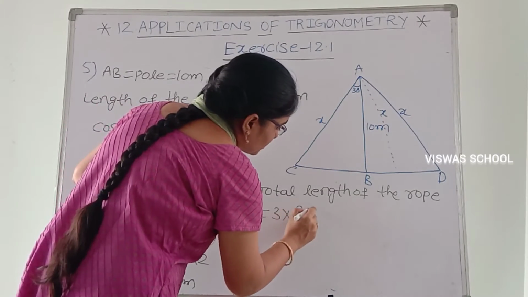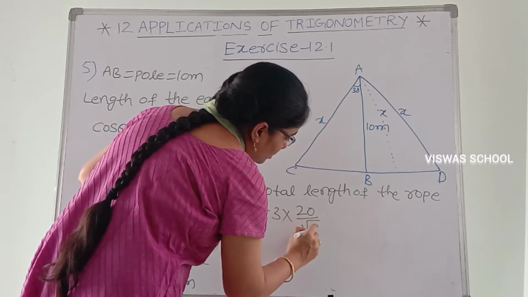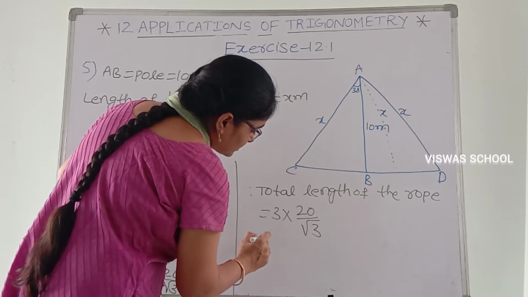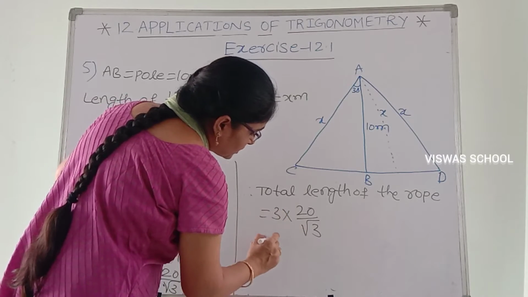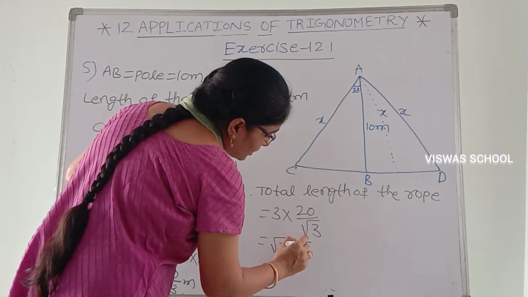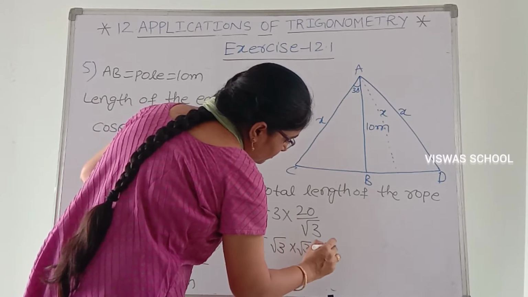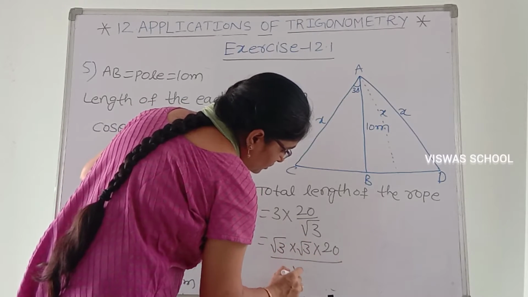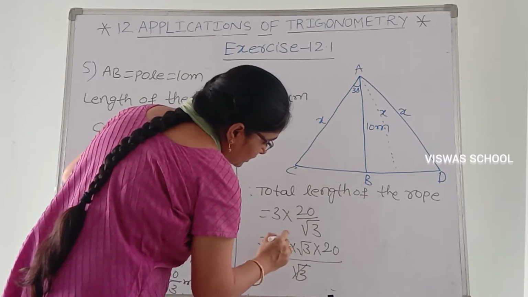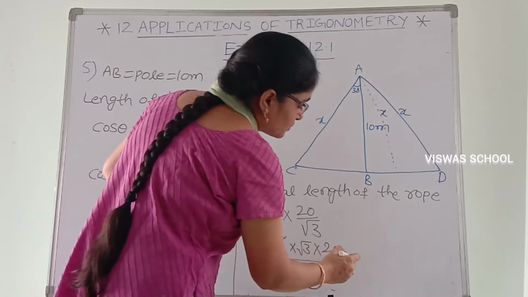Now 3 into 20 by root 3. How can you write 3? Root 3 into root 3, into 20 by root 3. Here root 3 cancelled.